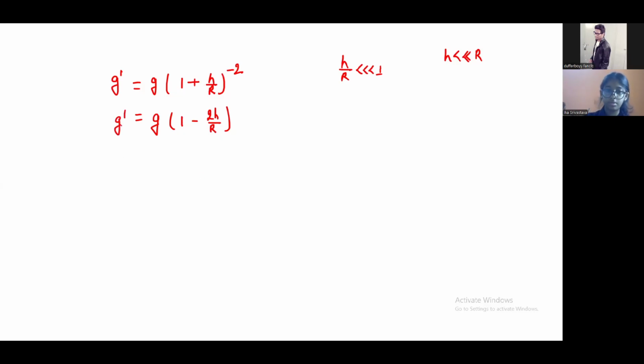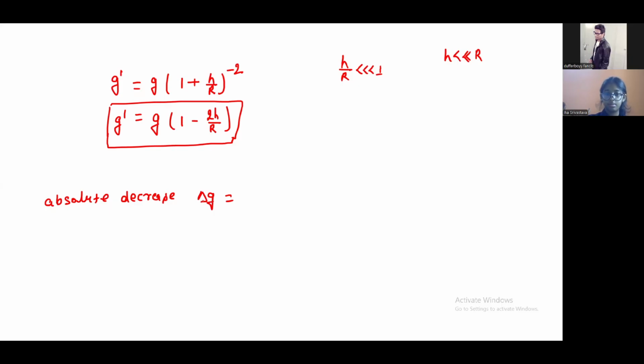So here we get the g dash value: if h is very much less than the R value, then g dash is equal to g into (1 minus 2h by R). Okay, so we can say, if anyone asks you for the absolute decrease in g value, that is delta g.